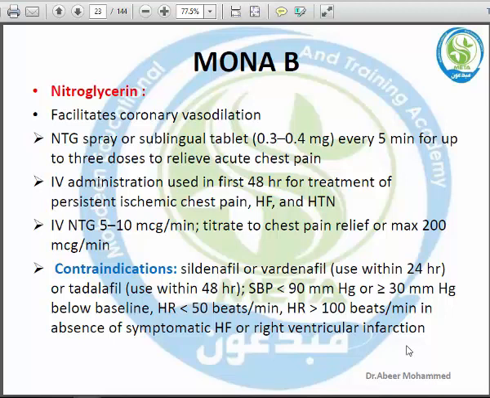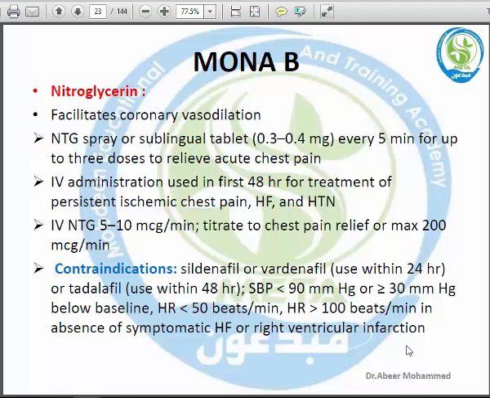Or if he used tadalafil within the past 48 hours, we can't give patient nitroglycerin if his systolic blood pressure below 90 or قلل البلود بريشر السيستوليك بأكثر من 30 ملي. يعني فور اكزامبل إذا كان العيان بيزلاين سيستوليك بلود بريشر بتاعه 150 جانا ب 120، that's mean قل السيستوليك بلود بريشر بتاعه 30 ملي. In this case we can give him a nitroglycerin.